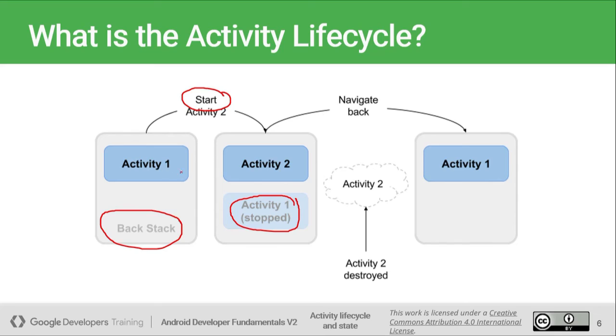That's why activity 1 is stopped and put into the back stack. After that, we are going to activity 1, navigating back. So activity 2 is destroyed because we are going backward to activity 1 via the back stack. In this way activities have different life cycles, and different life cycle states are called by callback functions.